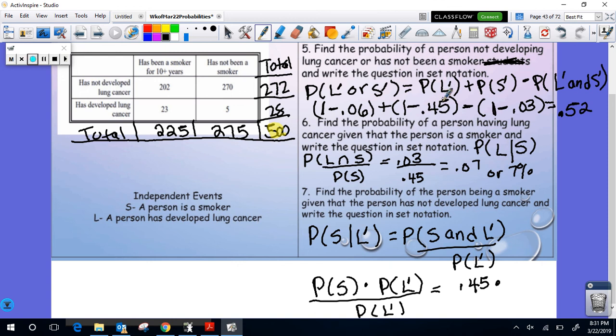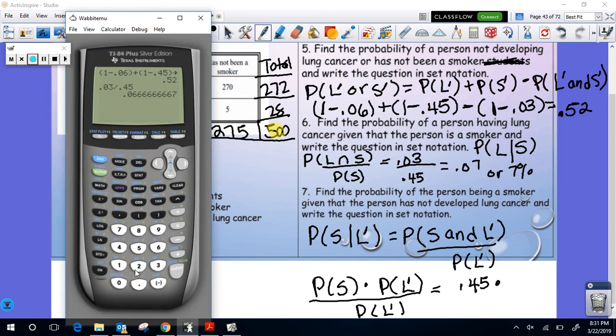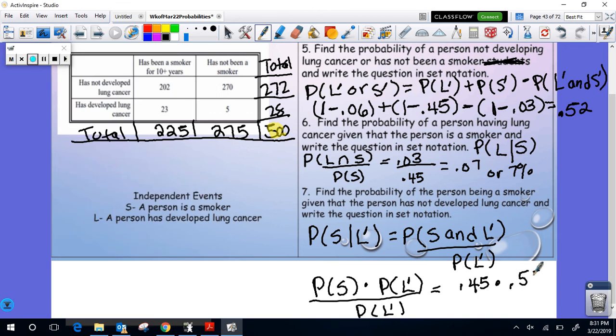The probability of not having lung cancer was 1 minus 0.45, so it is 0.55, over the probability of not having lung cancer. And we just did that. So let's do the math for that.